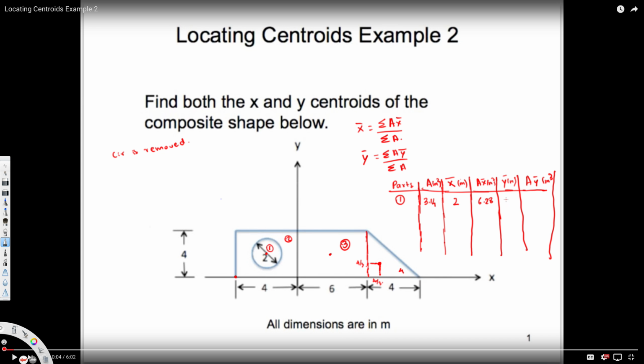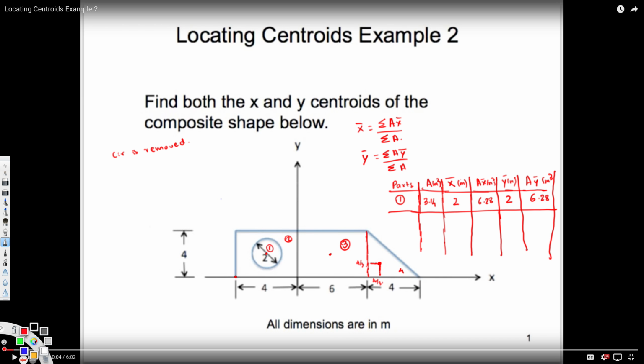Then we have y bar. Y bar is the height from the bottom, from here to here, so it's also 2. And A y bar is the same thing, 3.14 times 2 is 6.28. And this is my part 1.